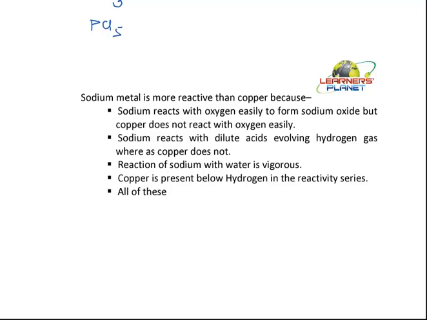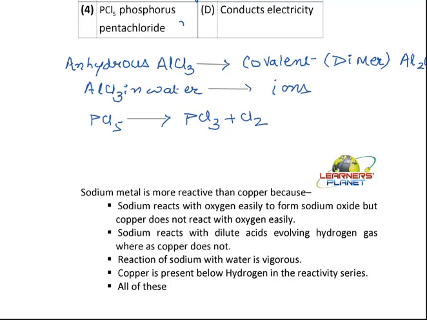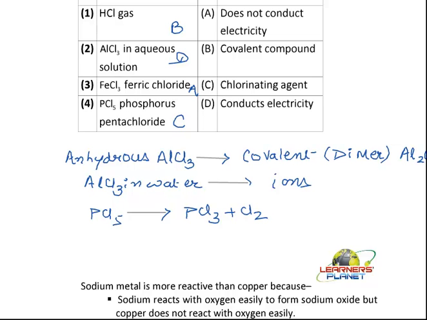It will dissociate and give PCl3 plus Cl2. So this will be a chlorinating agent. Now what is left is HCl gas. It is a covalent compound as well as it does not conduct electricity. AlCl3 in aqueous solution conducts electricity. FeCl3 does not conduct electricity, whereas phosphorus pentachloride is a chlorinating agent.